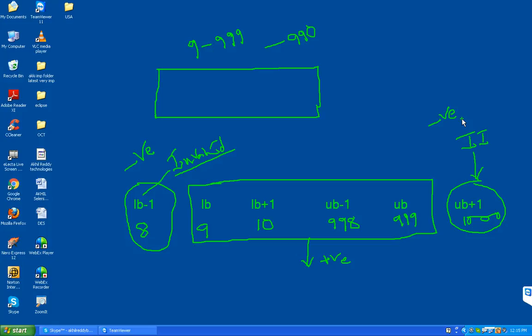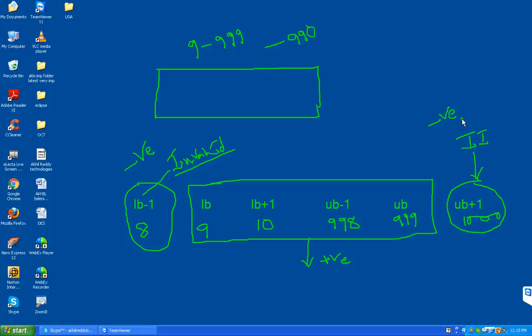So here we are taking only 6 inputs. If you don't know this technique, we need to take 990 inputs. If you know this technique, we can take only 6 inputs and do testing, covering both positive and negative testing. This is called a test design technique.